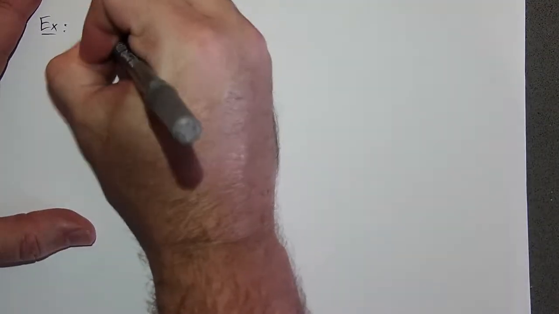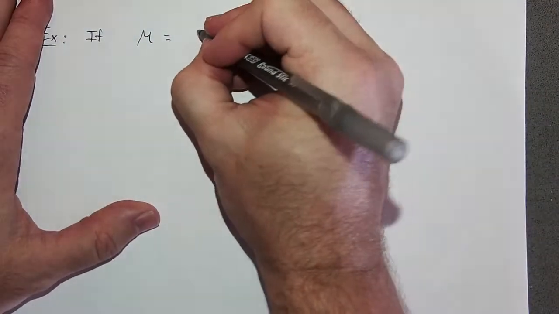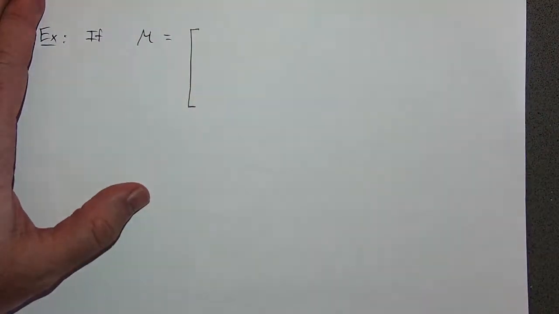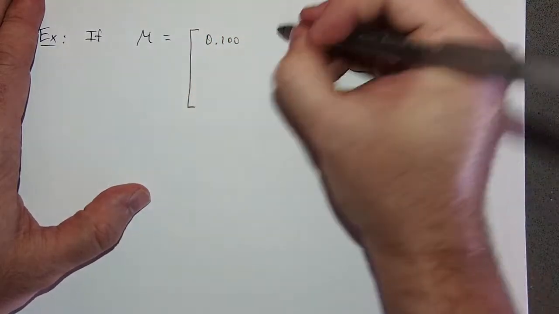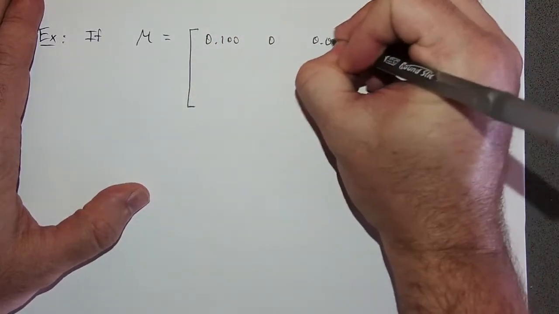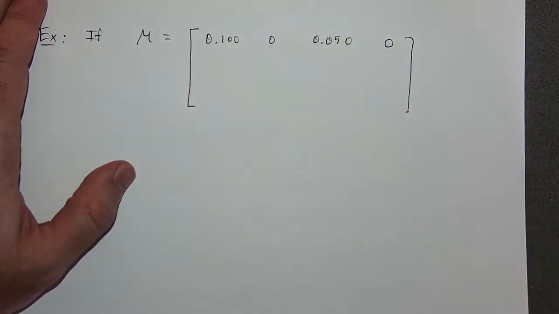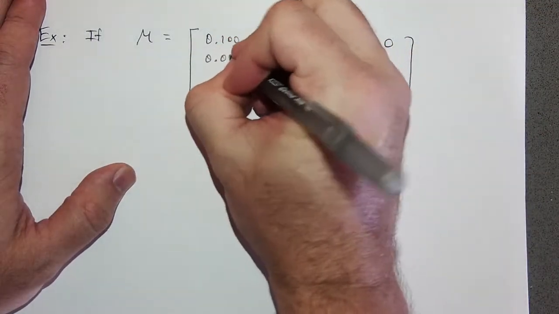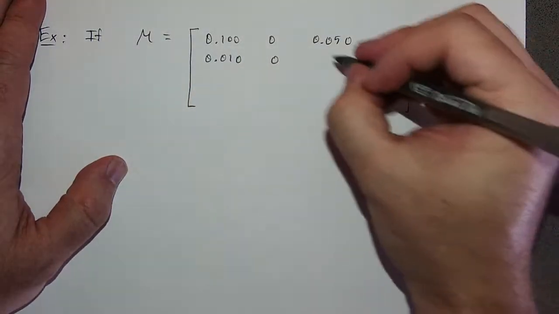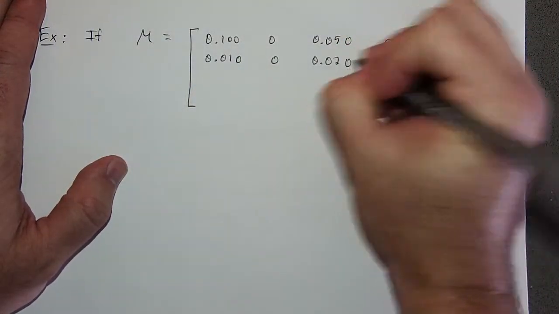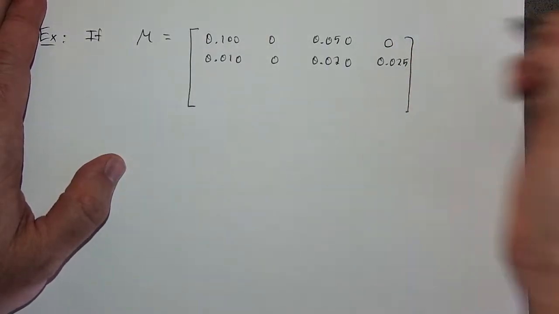Okay, if our consumption matrix M is, I'm going to write this out as follows. This is 0.100, 0, 0.050, 0. Next row, 0.010, 0, 0.020, 0.025.